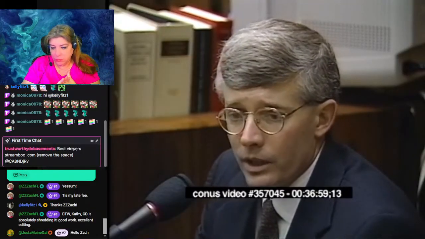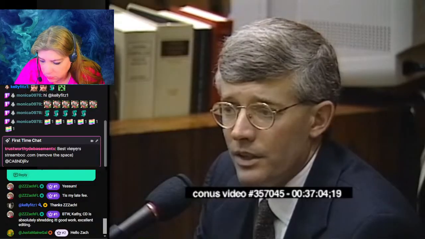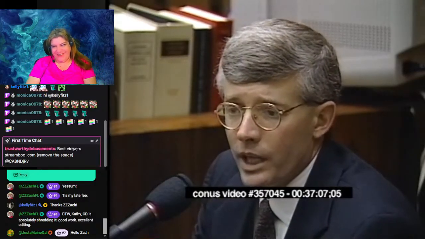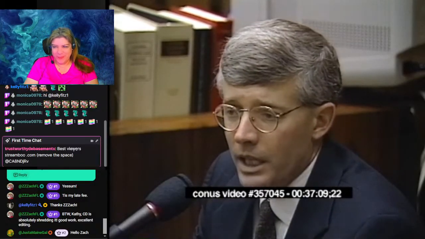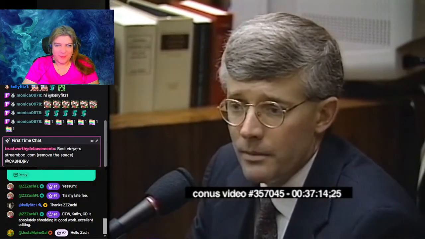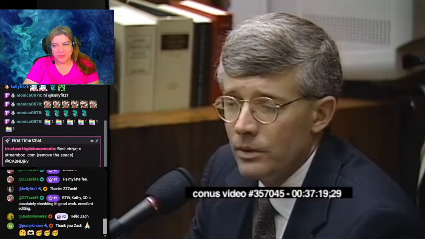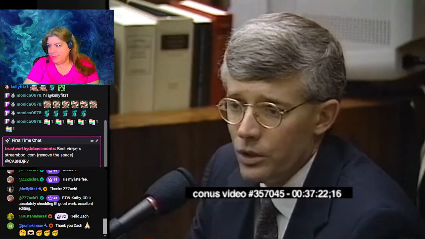If hairs are significantly different, it's possible to say that this hair or hairs could not have originated from a given individual. On some occasions, similarities in characteristics and differences both exist, and no conclusion may be reached regarding that type of comparison. So essentially there are three conclusions that are reached.